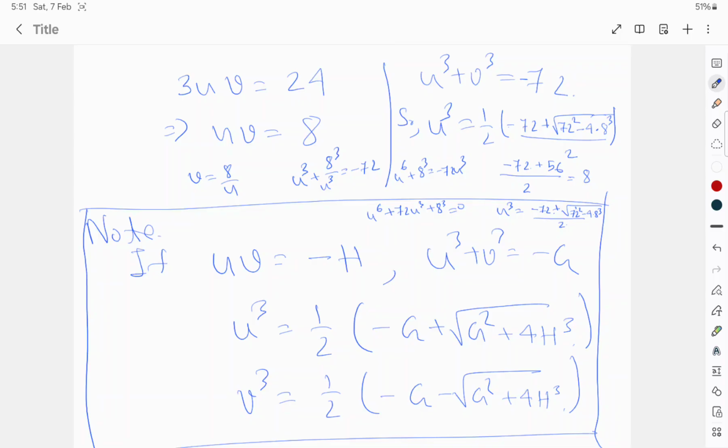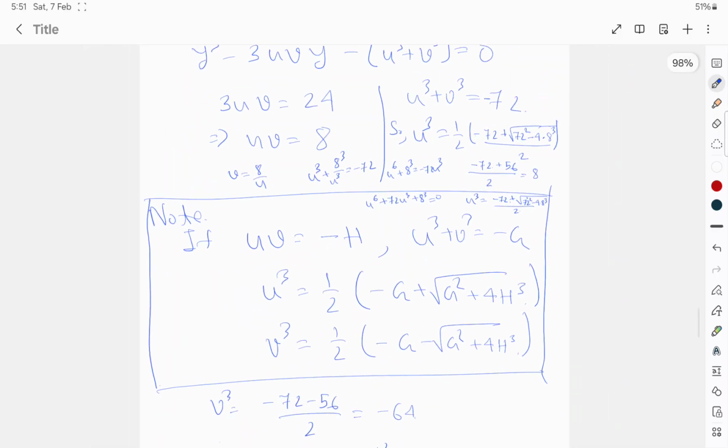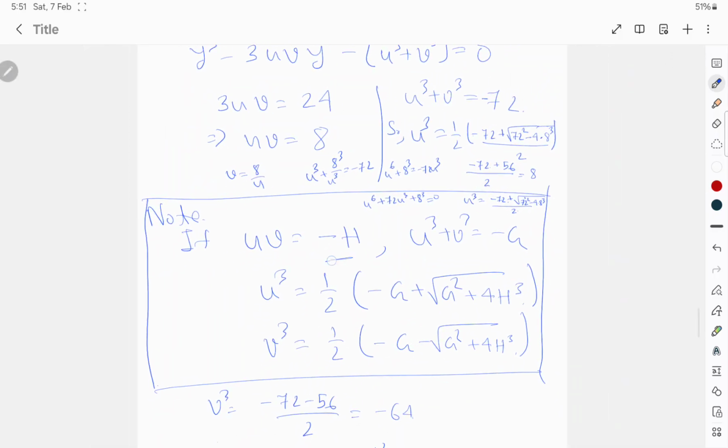Yeah, but if you try using this formula, remember this is uv is equal to minus h. So minus h, this is minus g, don't get confused with the sign. Here I am getting 8, so your h is basically minus 8. And your g is basically plus 72, right?